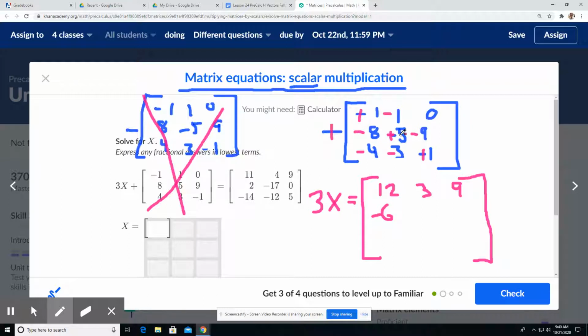Negative 17 plus 5 is negative 12. I'm seeing a pattern here. Negative 9 and 0 make negative 9. Negative 14 and negative 4 make negative 18. Negative 12 and negative 3 make negative 15. 5 plus 1 is 6.